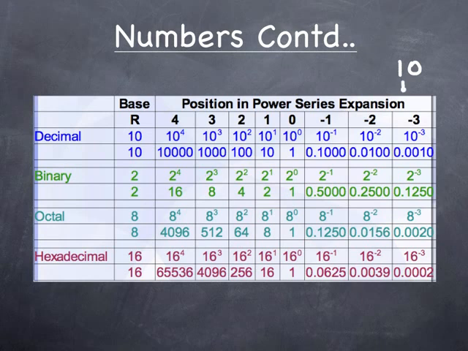Maximum number is 1, 1, which is 3. And how I calculate? Just write down the weightages, right? And just add wherever is 1. For example, if I write 1, 0, 1, 0, I can quickly find out what is the number. How I find? Just I write the weightages 1, 2, 4, and 8, right? And wherever is 1, I mark them and just add them.